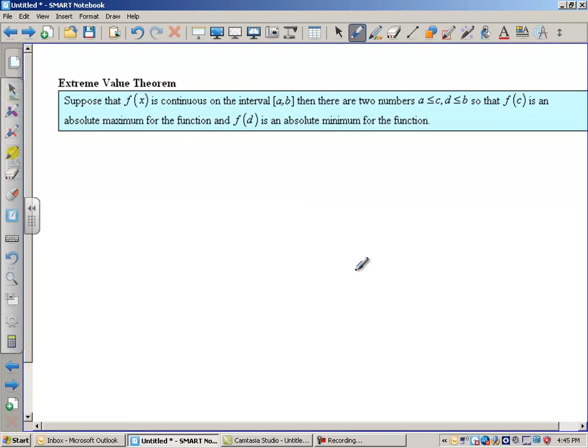Alright, so we're going to have something called an existence theorem. This basically says if you have a continuous function on a closed interval, there is always an absolute max and min. So if you have to go find them and you know it's continuous, then you know for a fact they're out there.